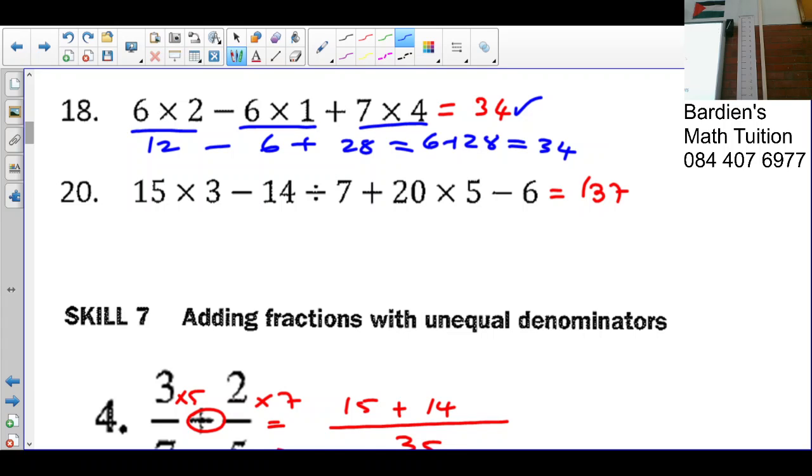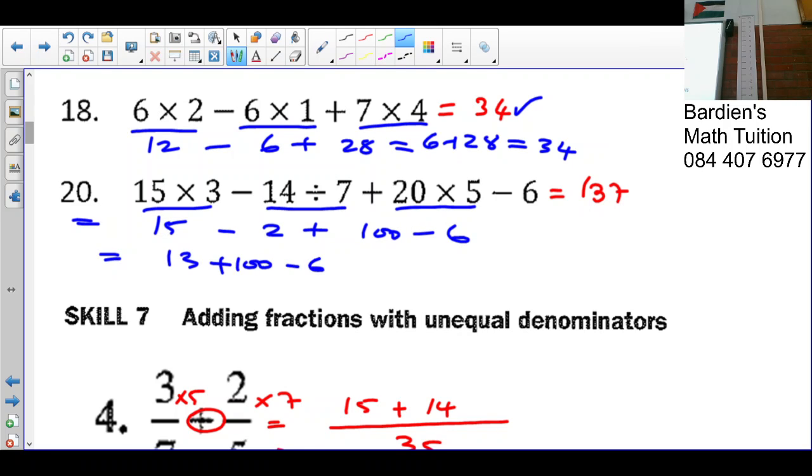For 20. Okay? So that is 15 minus 2 plus 100 minus 6. 15 minus 2 is 13 plus 100 minus 6. That is 107. You got 107? Who got 107? Nobody.